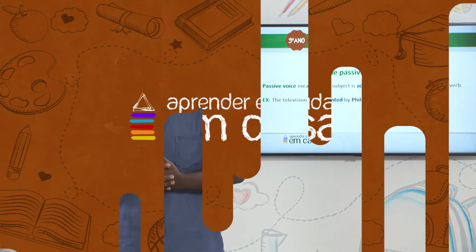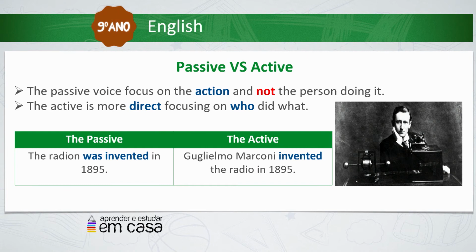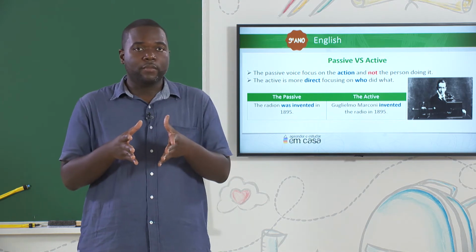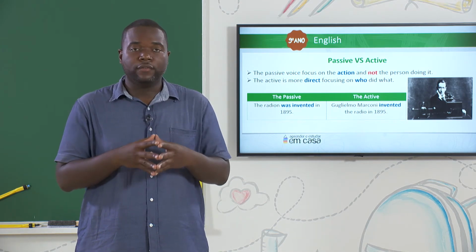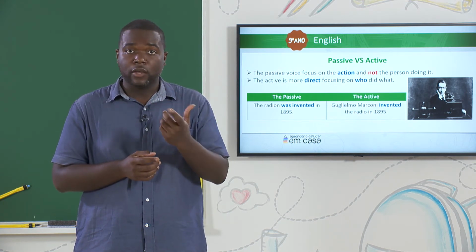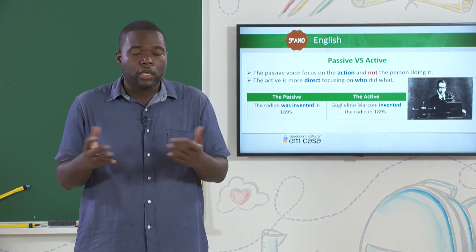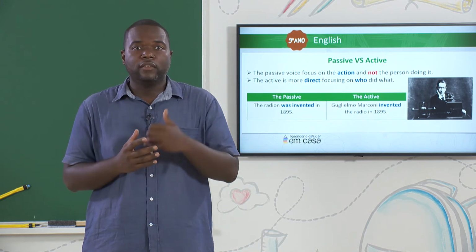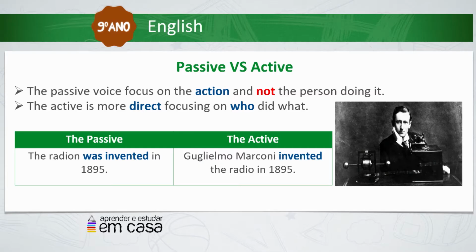Let's continue. The passive versus the active. Now, the passive voice focuses on the action and not the person doing it. For example, the radio was invented in 1895. Now, here is a clear example of what the passive focuses on. It focuses on the action. In this case, the radio was invented, but we don't know who invented it, okay? Let's take a look at the active now.